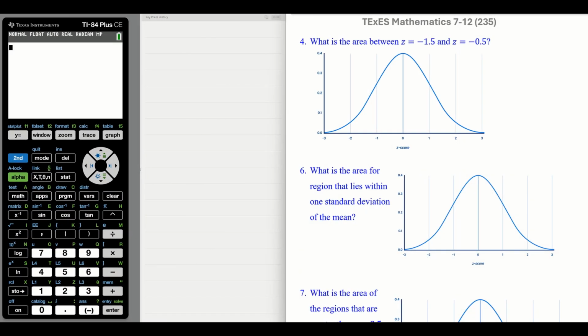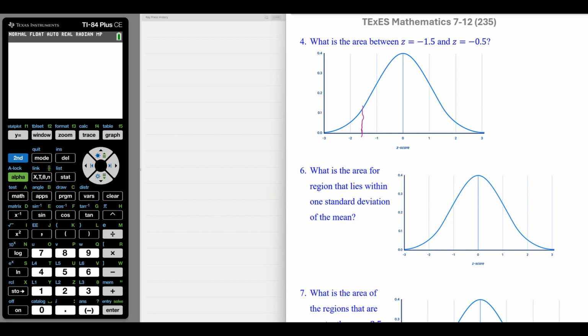Number 4, what is the area between z equals negative 1.5 and z equals 1.5? Okay, what we need to do first is draw that zone.